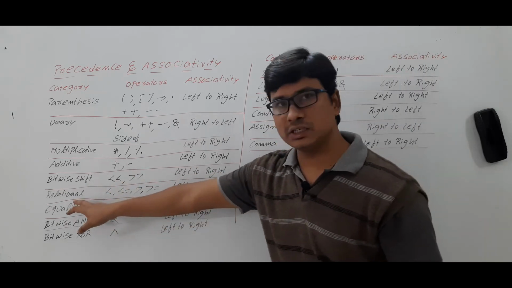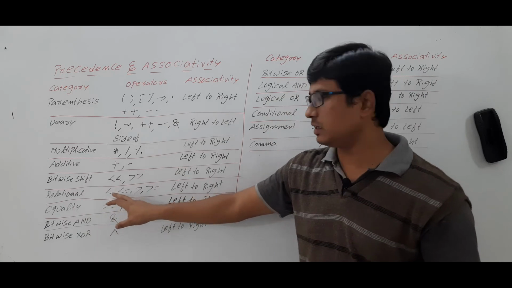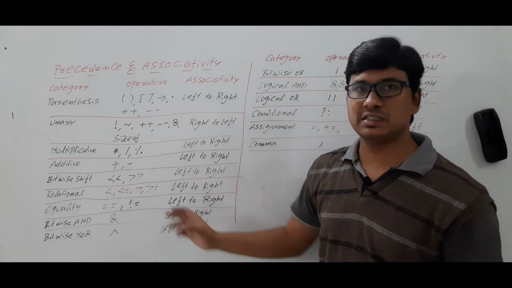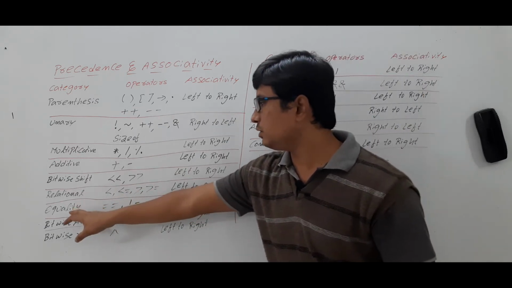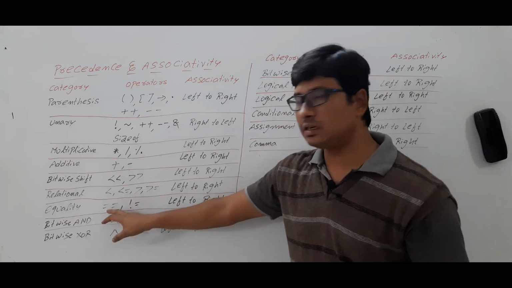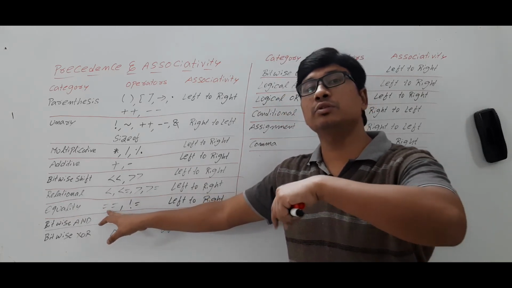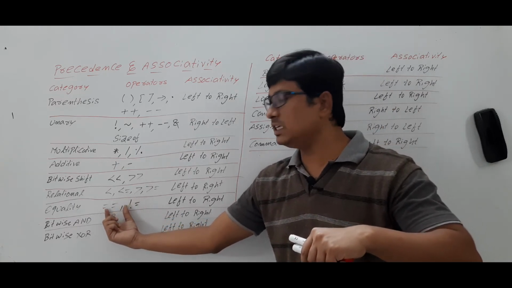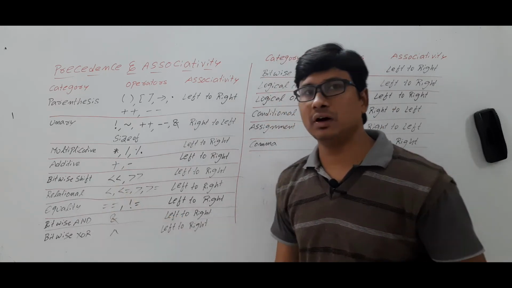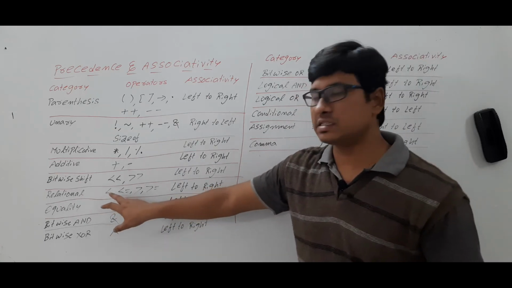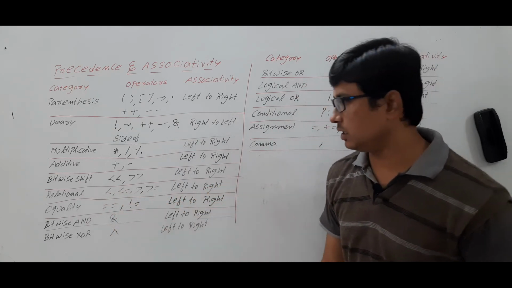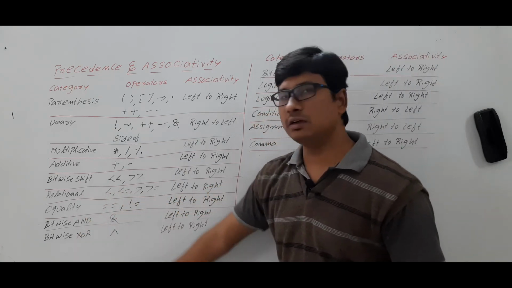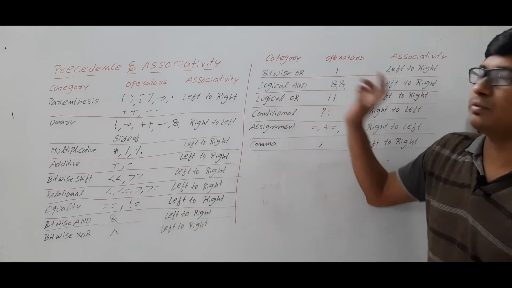You have the relational operators such as greater than or equal to, less than or equal to. And then you have the equality, meaning you are comparing A is equal to B or not, A not equal to B. This has the least priority as compared to the relational operators, such as less than or equal to, greater than or equal to. You have bitwise and, bitwise exclusive or, bitwise or.